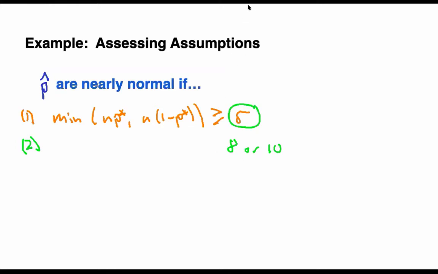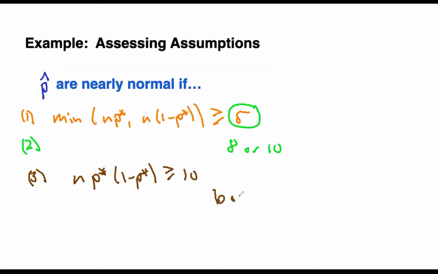Now, our book uses a slightly different approach. Our book says if the variance from the population is bigger than a number, so that's where you take n times p star times 1 minus p star. If this count variance is greater than or equal to 10, that's the criteria that the book uses.